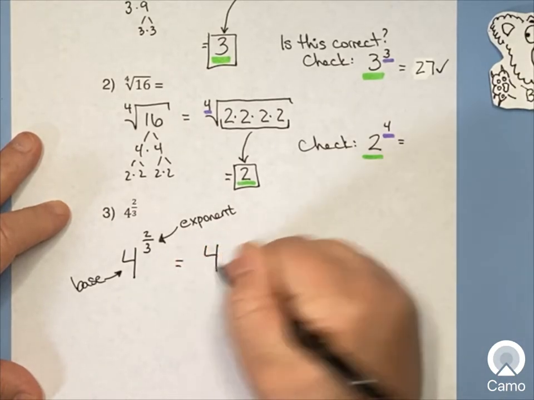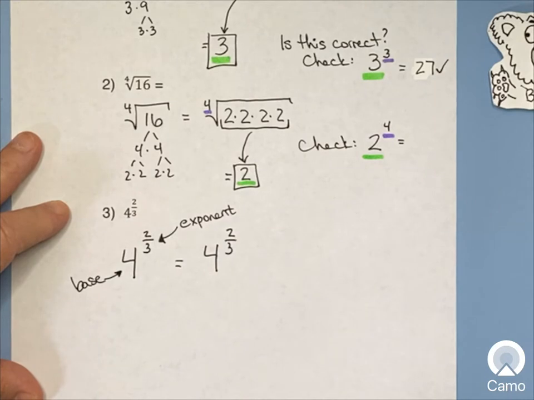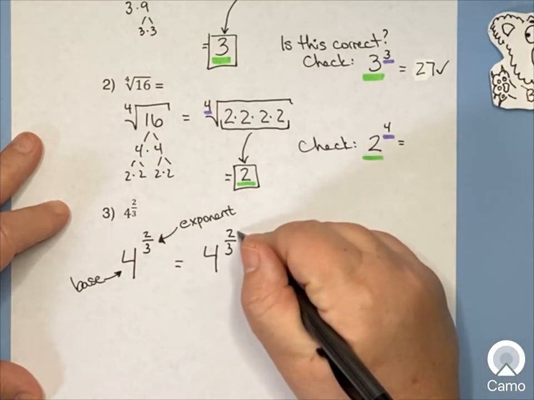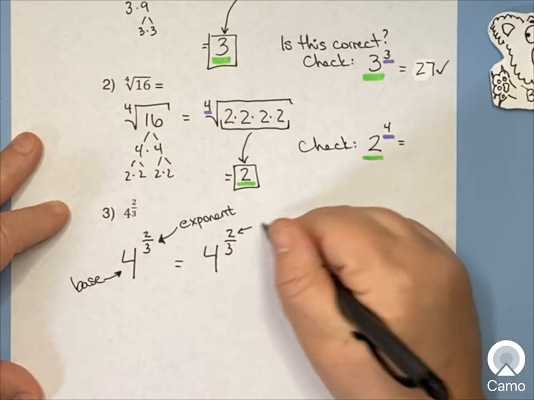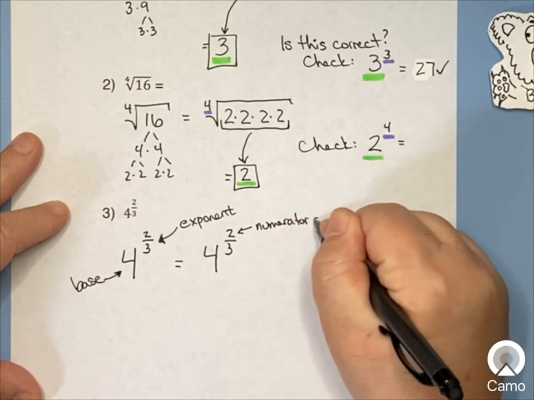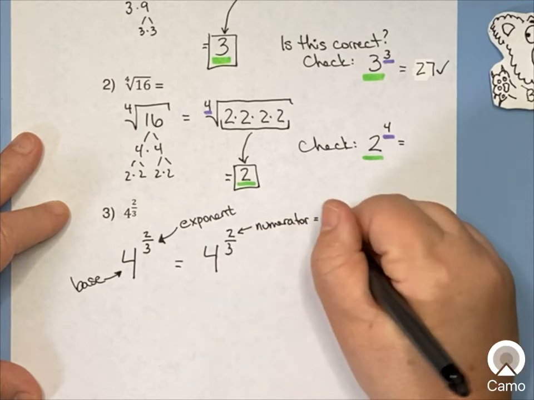And when you have a rational exponent like this, what you end up with is 2 separate actions. So it turns out the numerator, which just means the top number on a fraction, is the power.